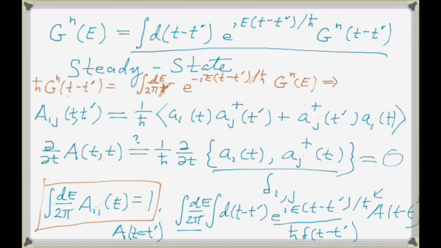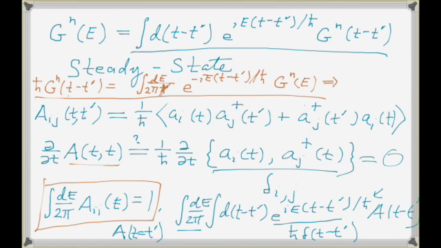So if we look at our spectral function, using this relationship up here that we were just talking about, the integral of my spectral function over all energy is just the equal time, just evaluating my spectral function at t equals t prime, right?